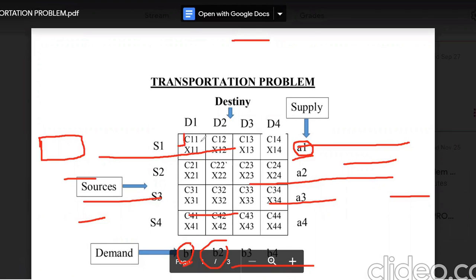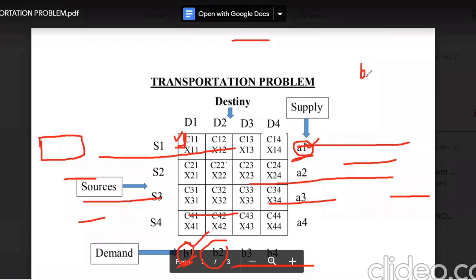Okay, then move to the next. But first, in the first cell, we start from this cell and allocate the minimum of A1 and B1, whichever is the minimum.